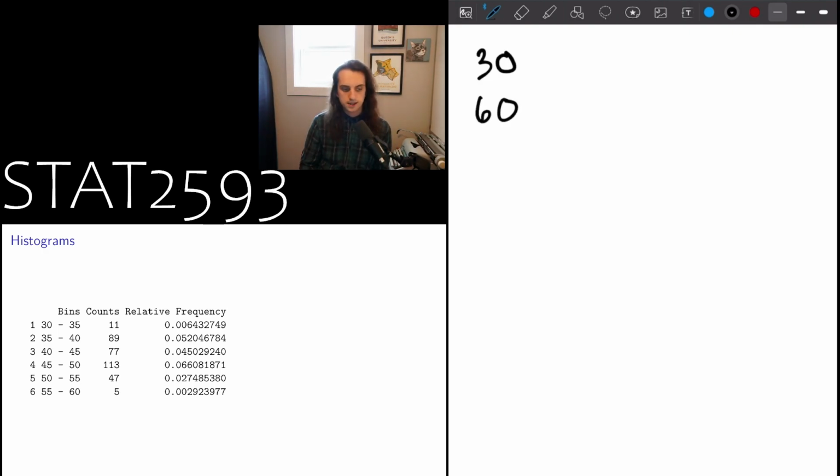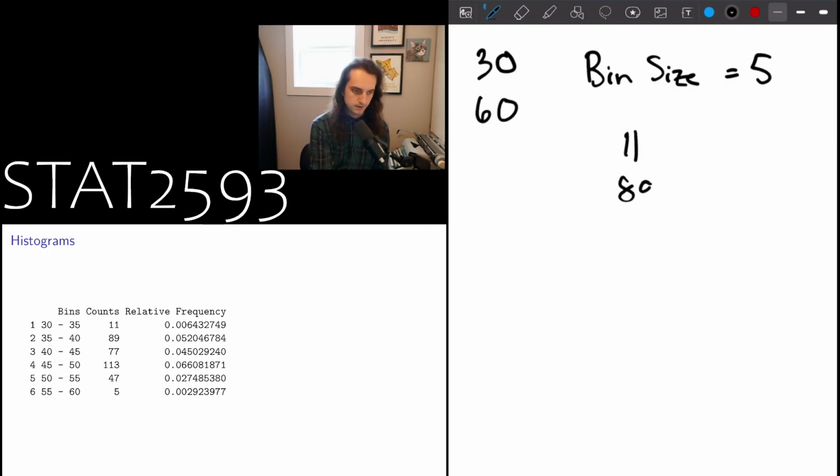And maybe we want 6 different bins, so each bin will have a bin size of 5. We can go through and count up how often each of these bins got observed. That's where you can see we have our 11, our 89, our 77, and so on. And we could plot our histogram using those counts.